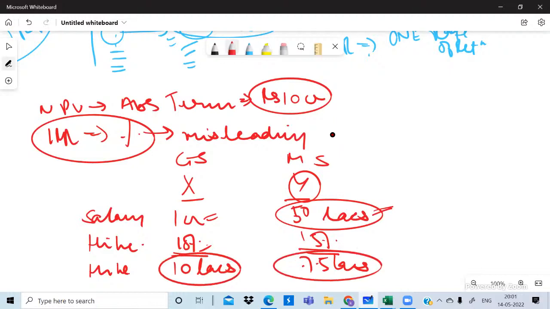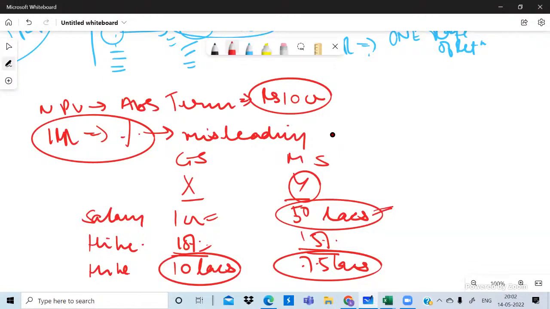So this is where if you just look at something in percentage terms, you could, let's say, take a wrong decision. So that's again one big drawback of IRR, because you're looking at things in percentage terms, but NPV is in absolute terms, in rupee terms or dollar, euro, whatever you want to call it.